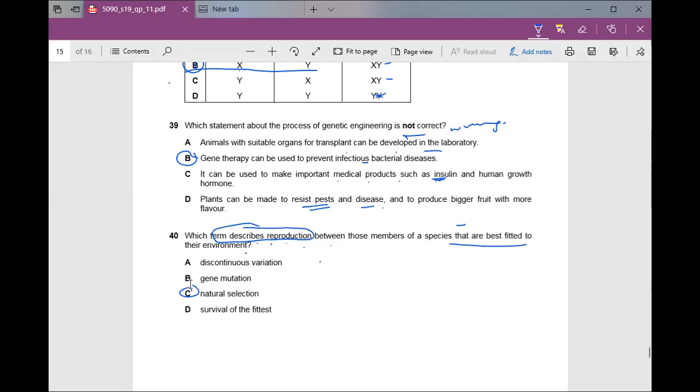If suppose only one species is left, then that is survival of the fittest. But they are saying describe the reproduction between two members of the species that are best fitted to their environment. So this is natural selection. We cannot go for discontinuous variation, and we cannot go for gene mutation.